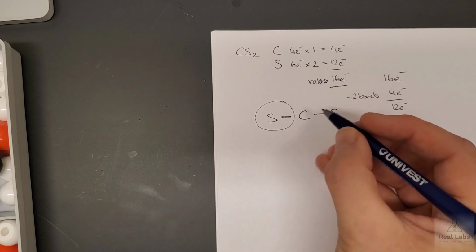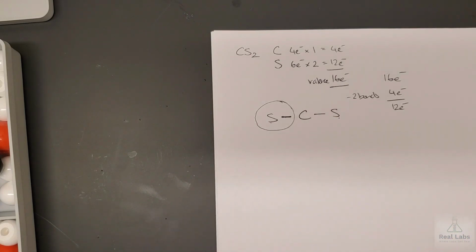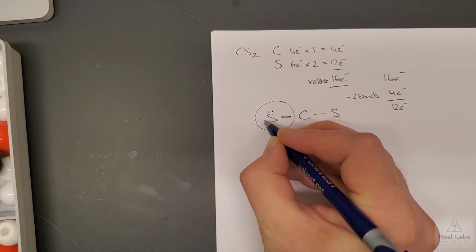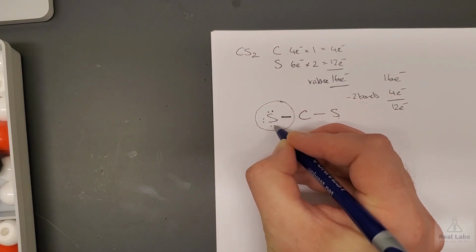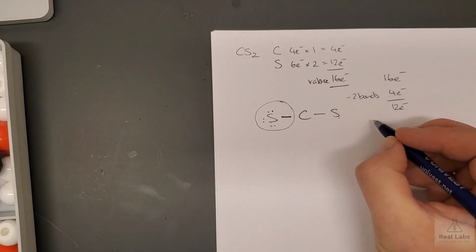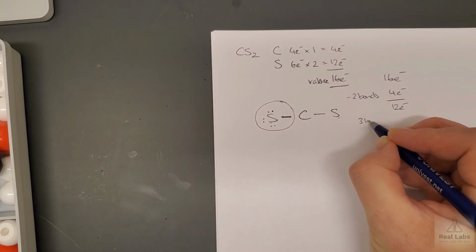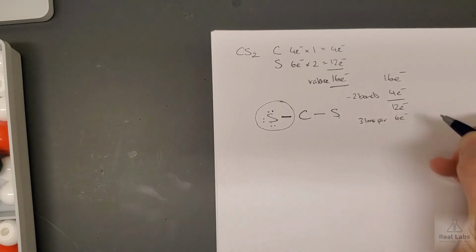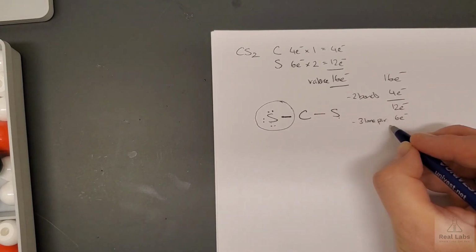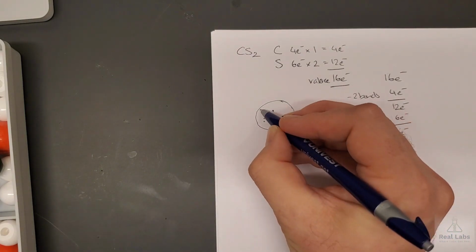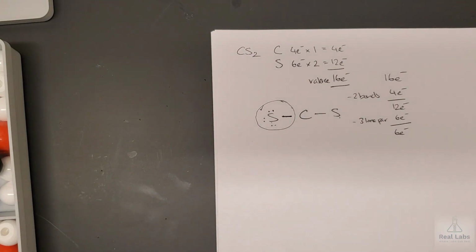If we need 8, we need 6 more. And we're simply going to add these 6 electrons as 3 sets of lone pairs around the sulfur itself. So we now added 3 lone pairs over here, and those 3 lone pairs used 6 electrons. That leaves us with 6 electrons, but now we have a happy sulfur. It has 8 valence electrons around it.